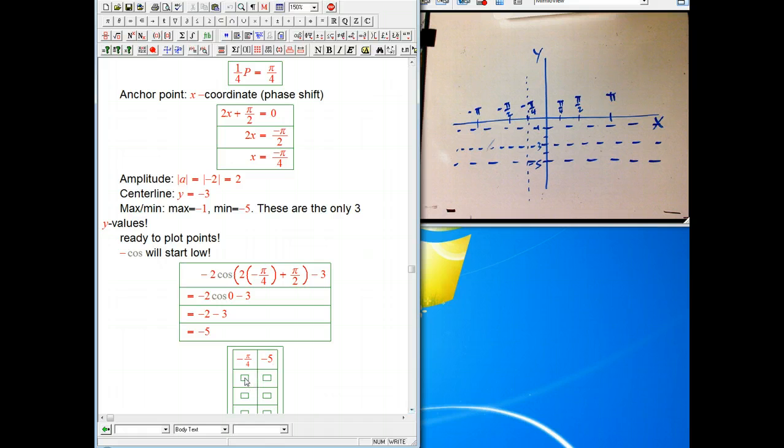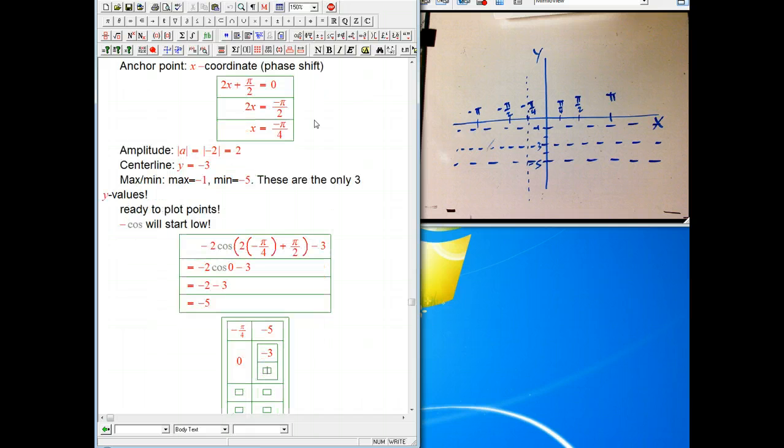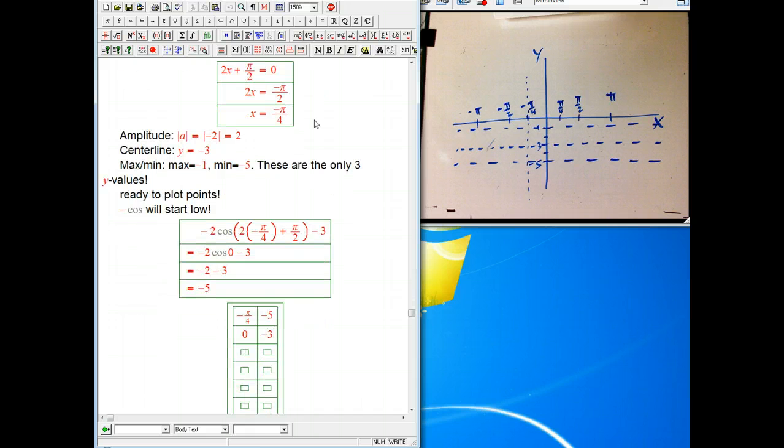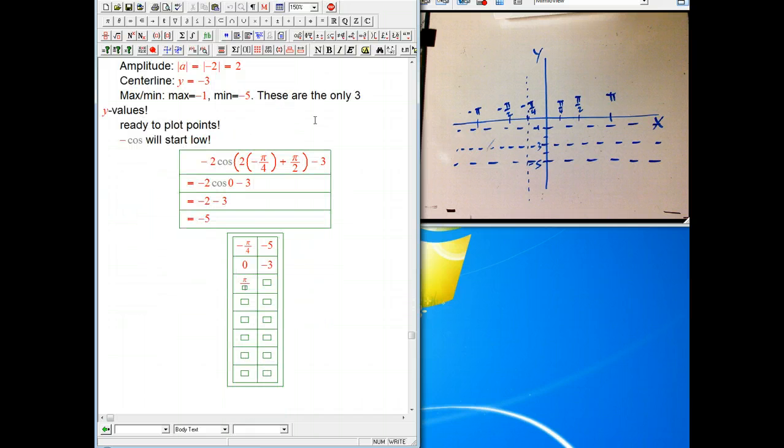Now we're ready to go, because after a min, it's got to be a middle. The quarter period is pi over 4, so we just add pi over 4 and we get 0. The middle is minus 3. Then going up, pi over 4. The high value is minus 1. Then going up again, stepping up by pi over 4, is back to the middle.